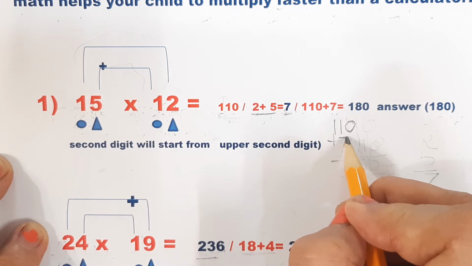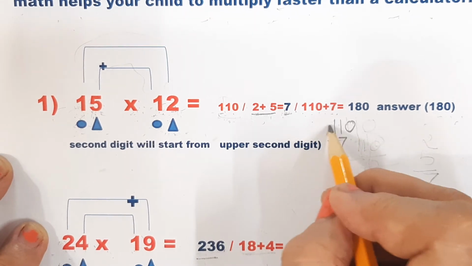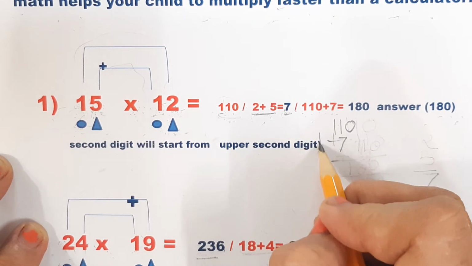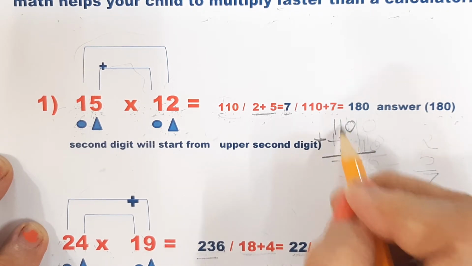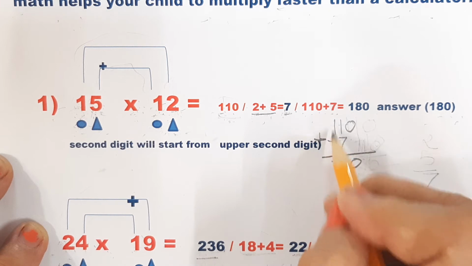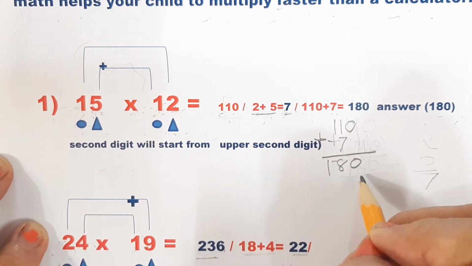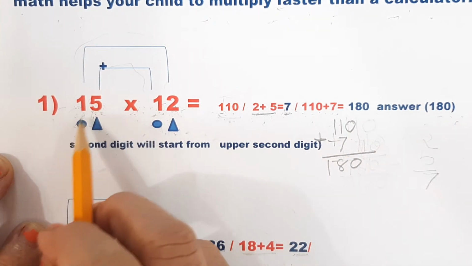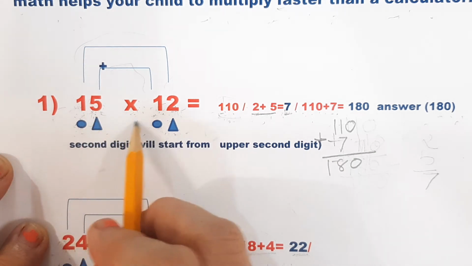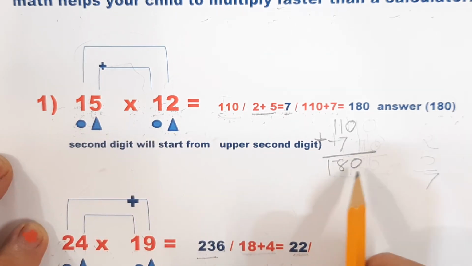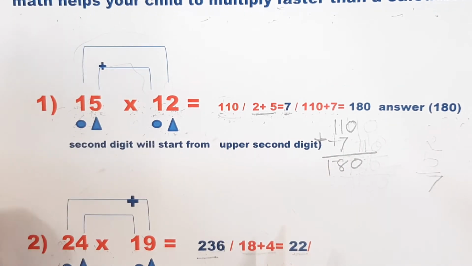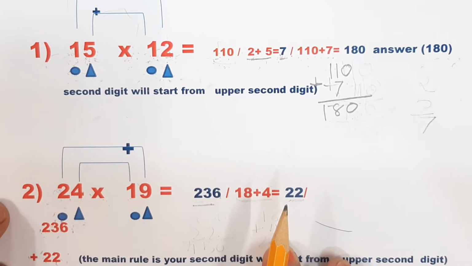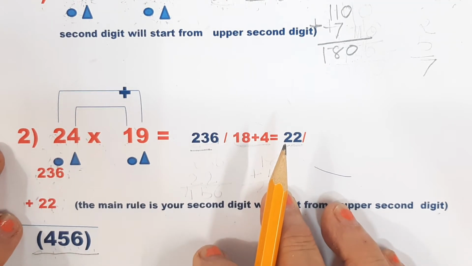It will start from the second figure of the upper figure and you have to add it. So the 0 is 0, 7 plus 1 is 8 and 1 is 1. Your answer is 180. 15 multiplied by 12 equals 180. Now we will see further examples that will clear your concept.